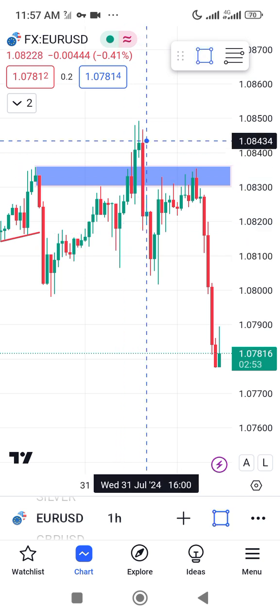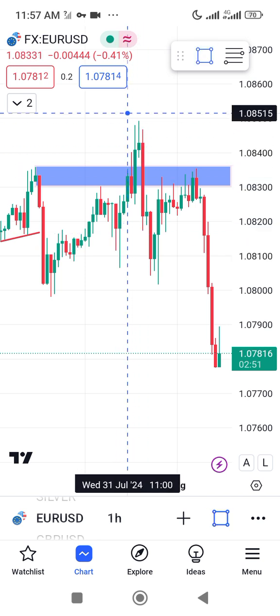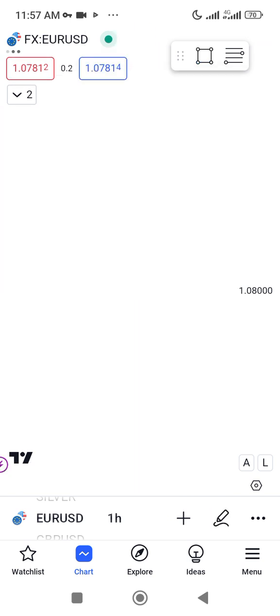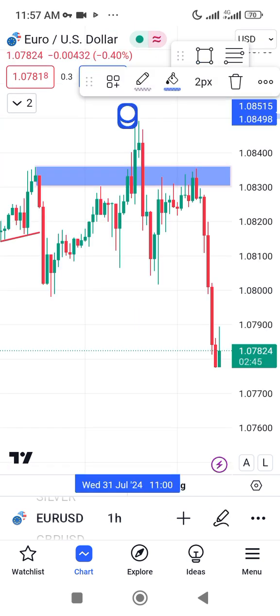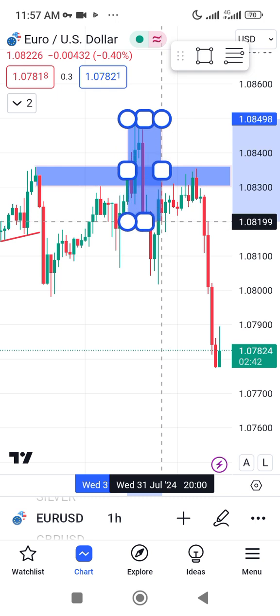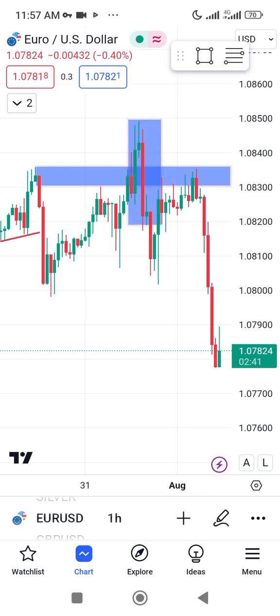Look at it. This three candlestick pattern is actually a reversal pattern that I use for bias, and I also use it for entry on a lower time frame.